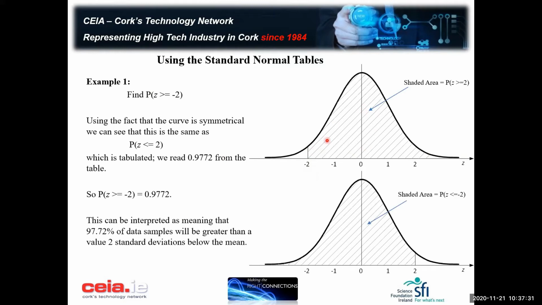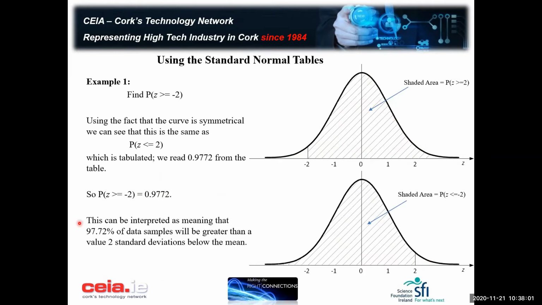So this shaded area here is what you're looking for. But this isn't tabulated, so you try to convert this to something that is tabulated. We use the symmetry of the curve and redraw it this way and say this area is the same as this area. So this area here, which is tabulated, is the same as the desired area here.